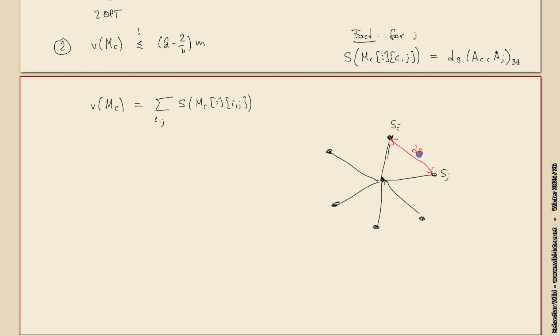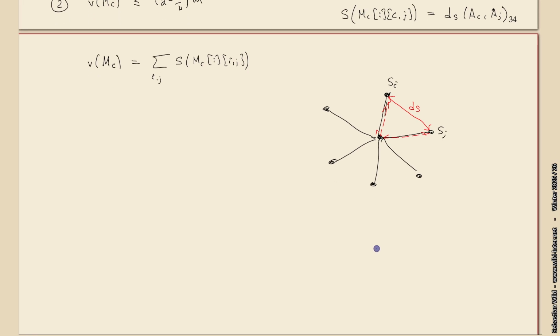But what we do know is that taking the detour via C, that's never going to make it shorter, right?